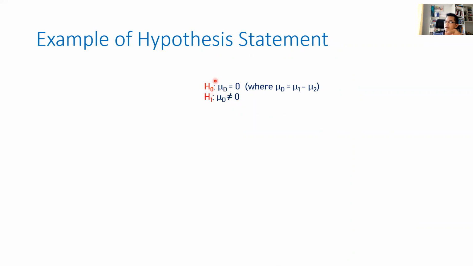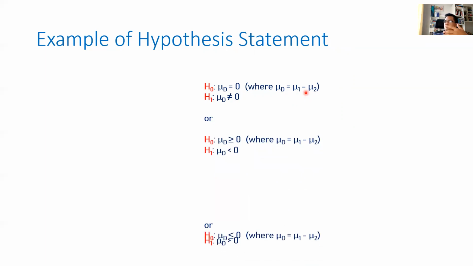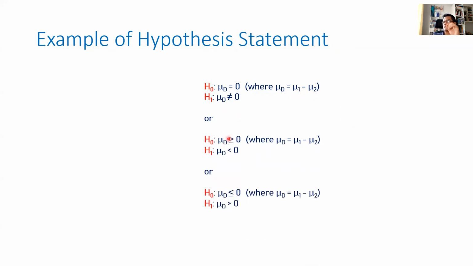So here the null hypothesis, for example, is that mu difference between population 1 and 2 equals null, this mu d or mu difference equals mu1, the hypothesized mean value of population 1, minus the hypothesized value of population 2. We can also state it in other versions, but here we can see that the hypothesis statement is focused on the difference, right?